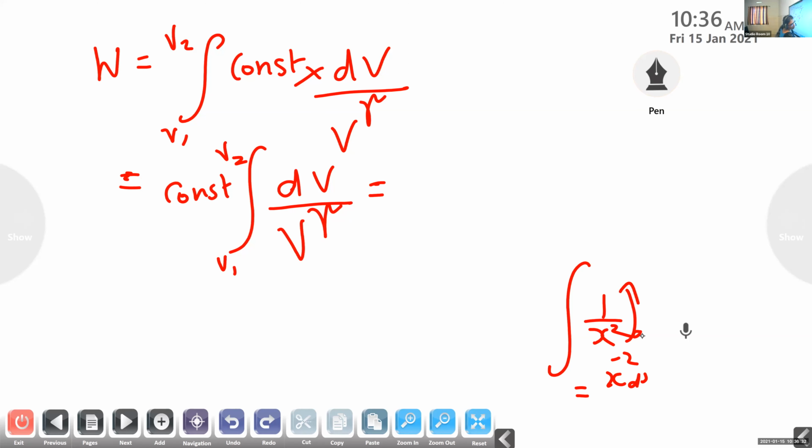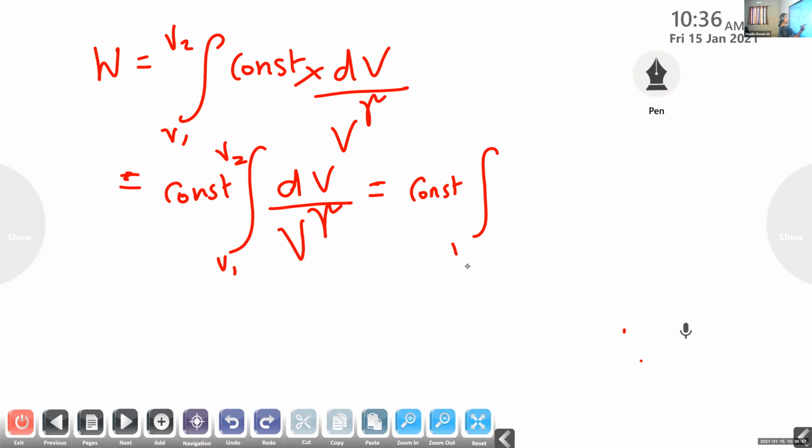It's a standard equation. Similarly, we can take this V raised to gamma up. So write down: therefore, constant times the integral V1 to V2 of V to the power minus gamma dV.